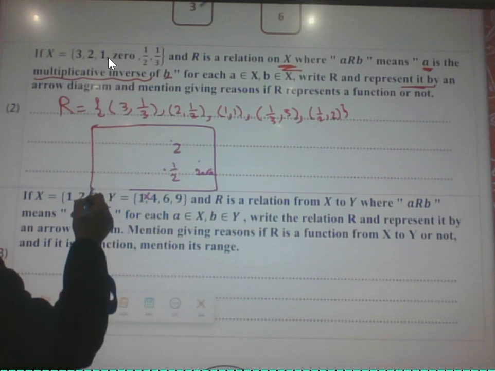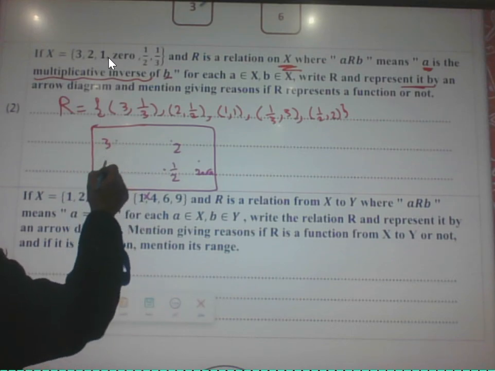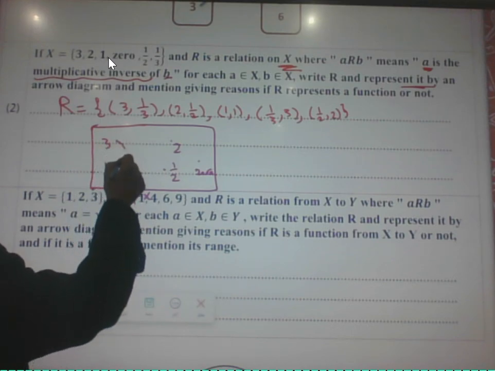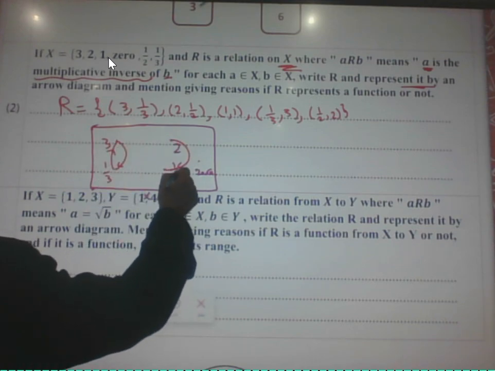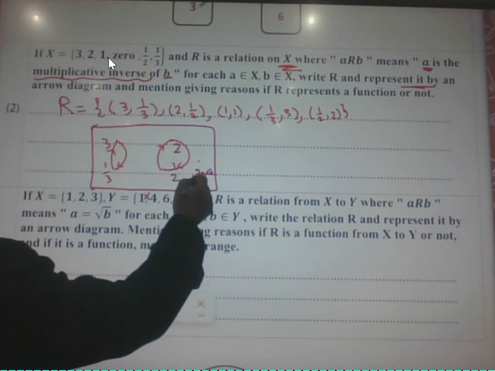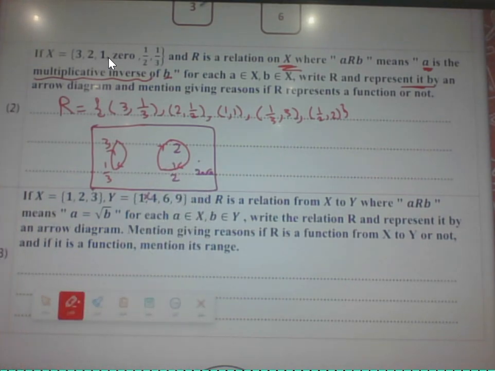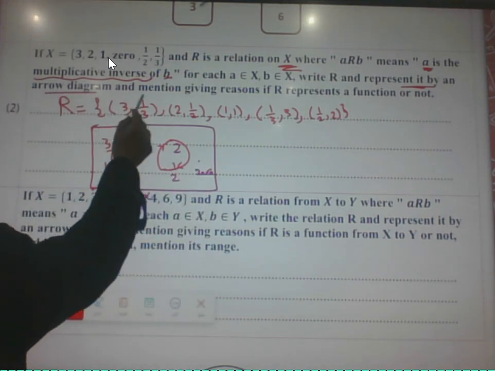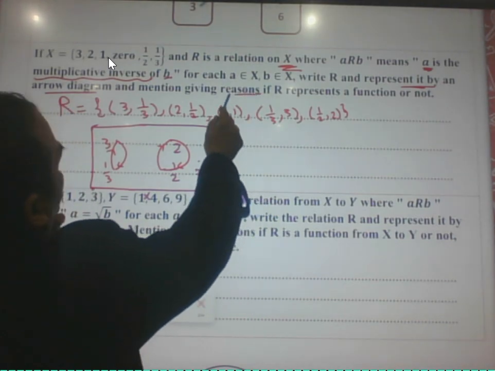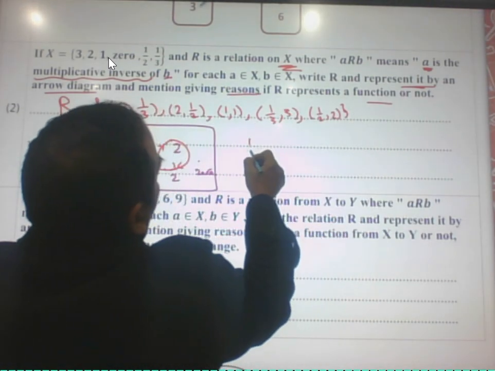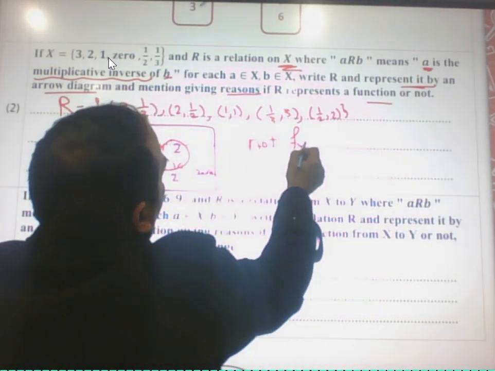The image of 3 is third, and the image of third is 3. The image of 2 is half, the image of half is 2, and 0 has no image. Then this is not a function. We draw the arrow diagram and mention the reasons why it is not a function. Why?